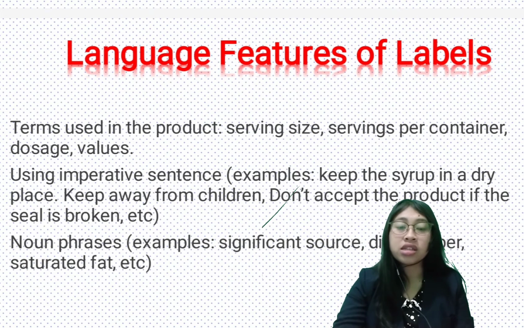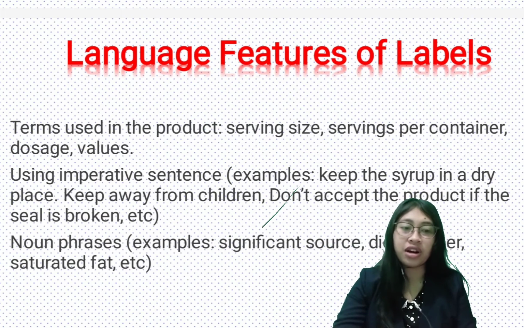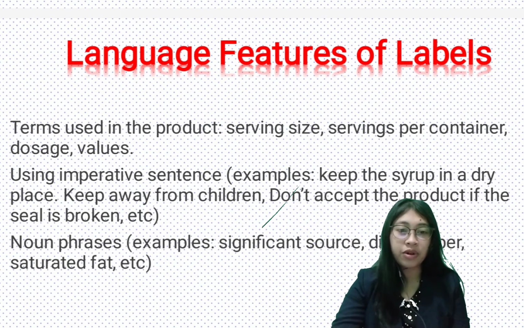The label usually uses imperative sentences. For example, keep the syrup in a dry place, or keep away from children, and don't accept the product if the seal is broken, and etc. The third is that they usually use noun phrases. For example, a significant source, the dietary fiber, saturated fat, and so on.